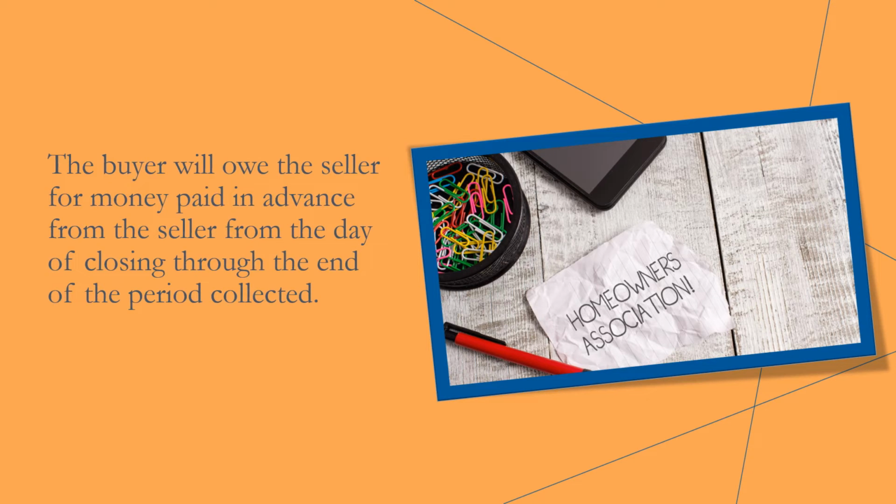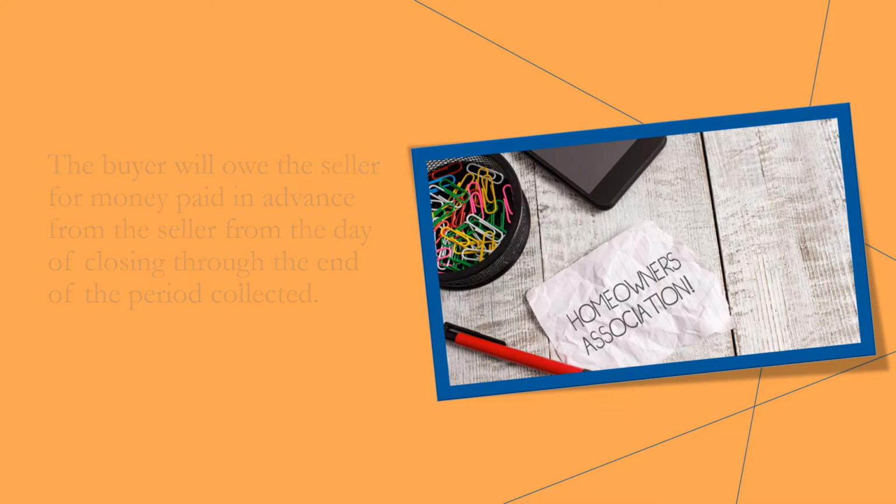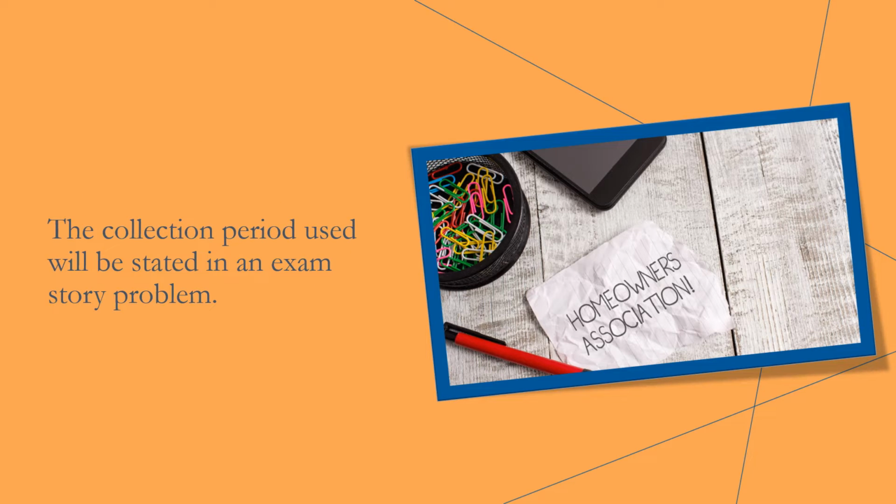The buyer will owe the seller for the money paid in advance from the seller, from the day of closing through the end of the period collected. The collection period used will be stated in an exam story problem.